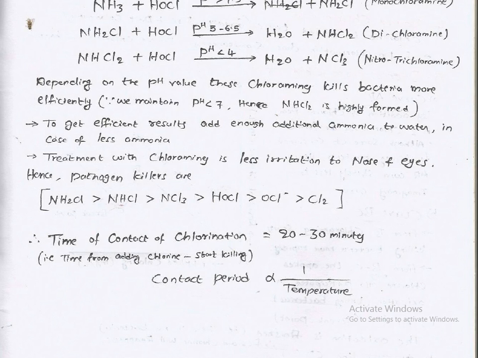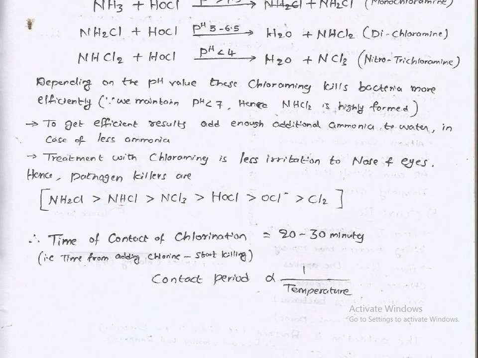The order of pathogen killers is NH2Cl greater than NHCl2 greater than NCl3 greater than HOCl greater than OCl minus greater than Cl2. The time of contact of chlorination is greater than 20 to 30 minutes, that is, the time from adding chlorine until it starts killing. Contact period is directly proportional to 1 upon temperature.